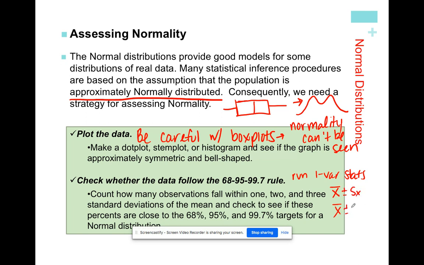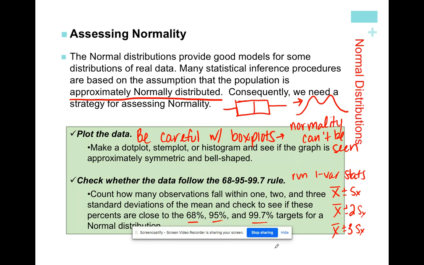The mean plus or minus 2 standard deviations, come up with a window. And then the same for 3 standard deviations. See how many, or what percent, of your observations fall within each of those. If it's reasonably close to 68, 95, and 99.7 respectively, then we're going to say that it's reasonably normal.